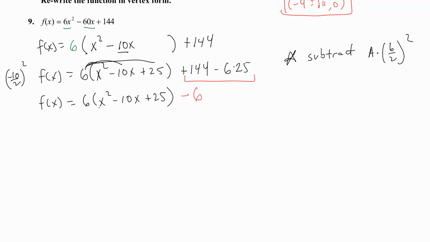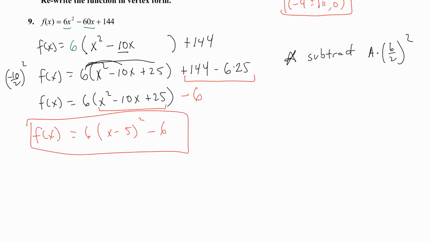Then we rewrite that perfect square trinomial. The two factors of 25 that add up to negative 10 are negative 5 and negative 5. And there we go, we have that in vertex form now.